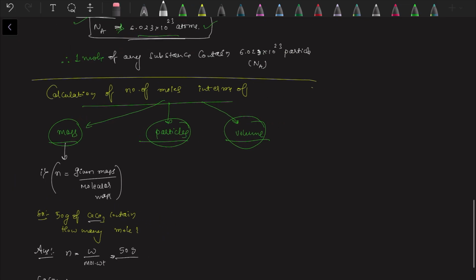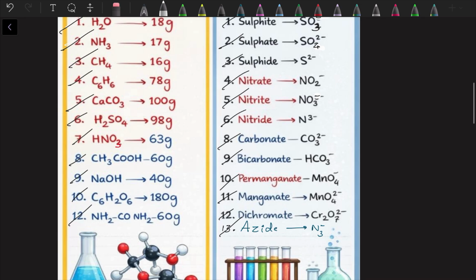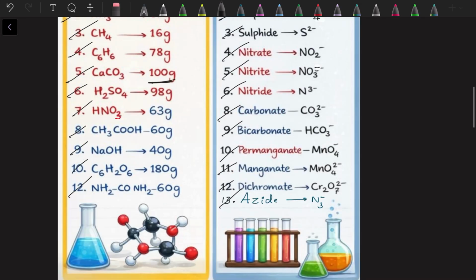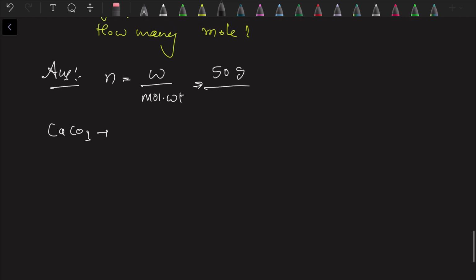The graph is going to be helpful for you. Here we have calcium carbonate as 100 gram. So the molecular weight we got is 100 gram, that is 50 gram divided by 100 gram. So 5 ones are 5, 5 twos are 10, nothing but 1 by 2, therefore 0.5.